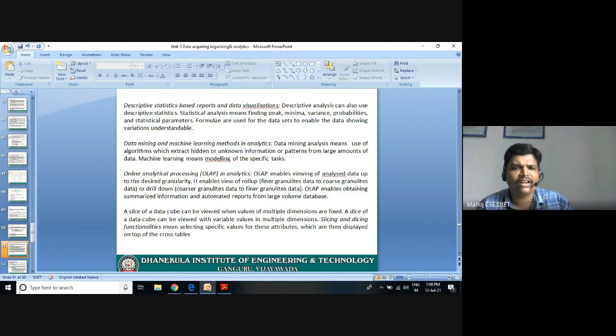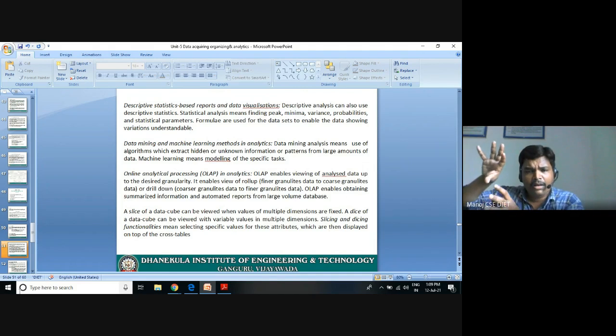OLAP enables viewing of analyzed data up to the desired granularity, from finer granularity data to coarser granularity data. You studied this in data mining and databases: OLAP, online analytical processing. It enables obtaining summarized information, which is presented as an automated report for large voluminous data.